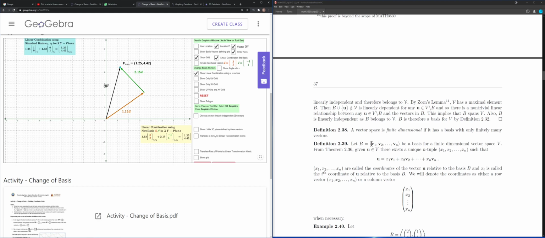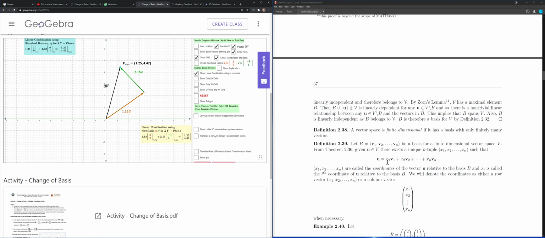Looking at this definition, if I have a finite dimensional vector space and I have the basis vectors for it, so I have some fixed basis over here, then if I take any vector in my vector space, I can express that vector as a linear combination of the basis vectors.